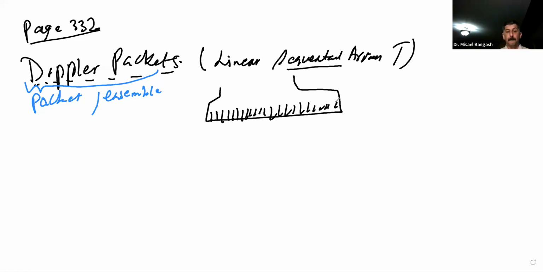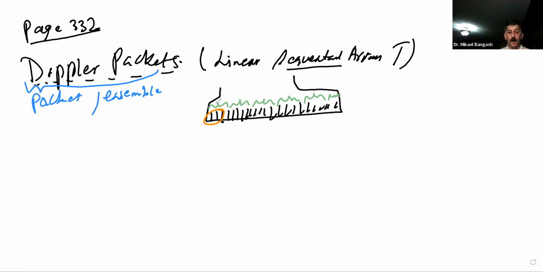But in a linear sequential array, the PCTs were grouped together, where the crystals within a group will fire together.